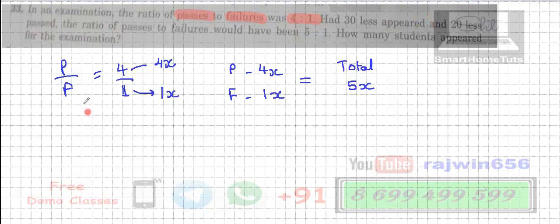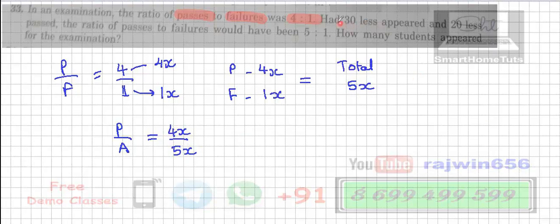Okay. So now, because here in the second part, it's given 30 less appeared and 20 less passed. So here we are going to take in the first part, this part which is there, we are going to take this as pass upon appeared. The original ratio of this is going to be how much? Pass is going to be 4x, and obviously appeared is total, so this is going to be 5x.